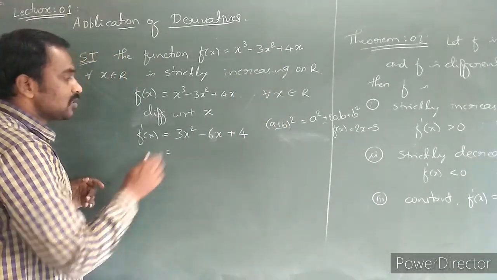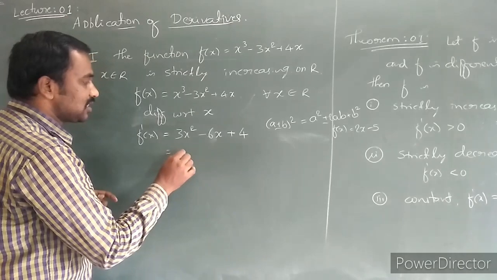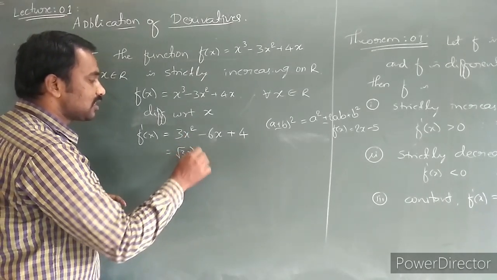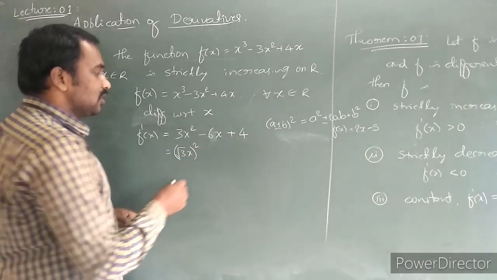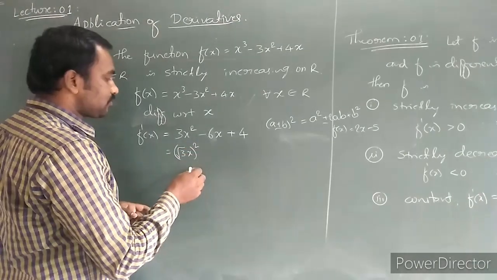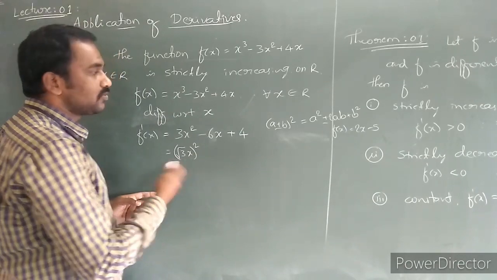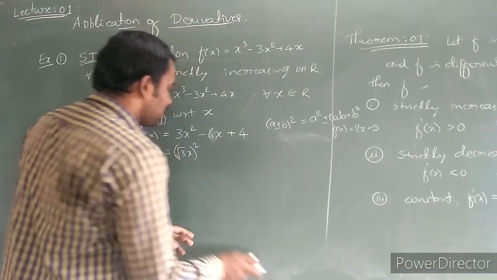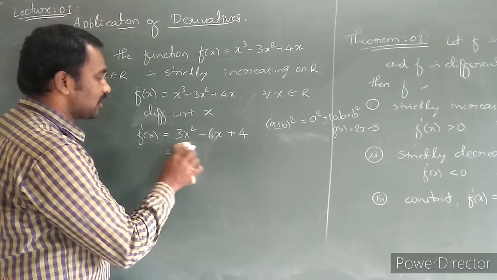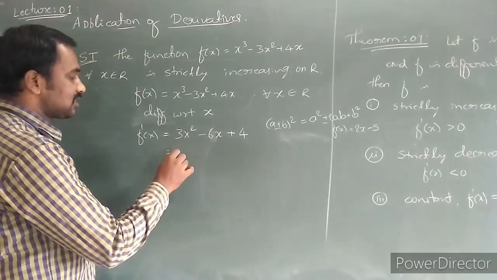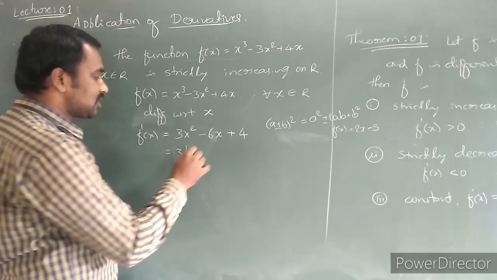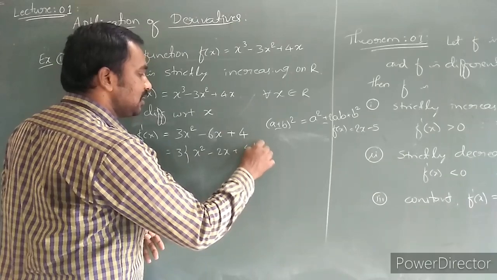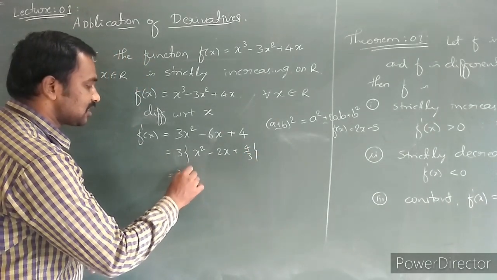So what is the a value? We can write this as root 3 into x whole square. Instead of doing this, a better way is, instead of making a perfect square directly, I take the common factor 3. If I take 3 common, what happens? x square minus 2x plus 4 by 3, with the 3 outside as it is.